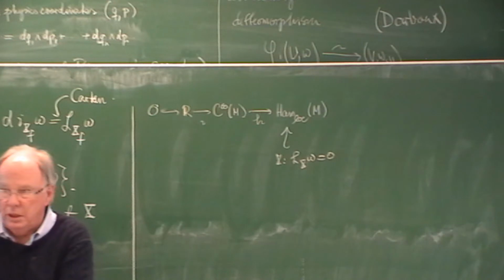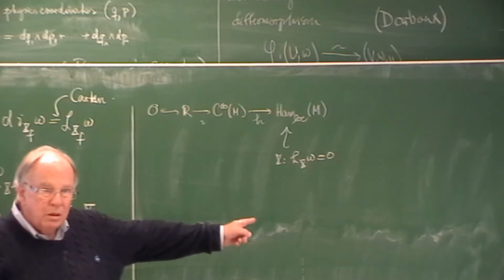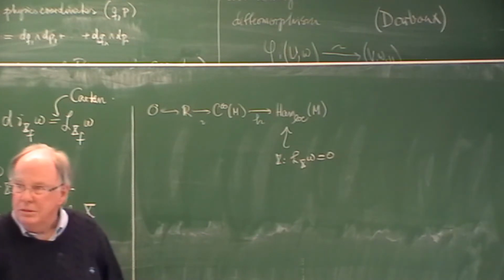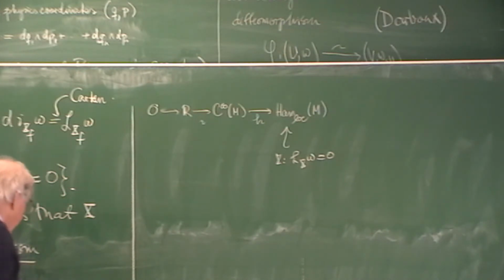And those x are locally the Hamiltonians. That's a good reason to call it Ham-loc. Local, not necessarily global, right? Because there might be a problem with solving this thing with Poincaré then.